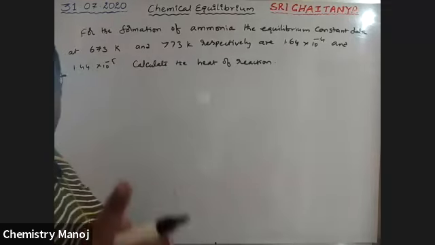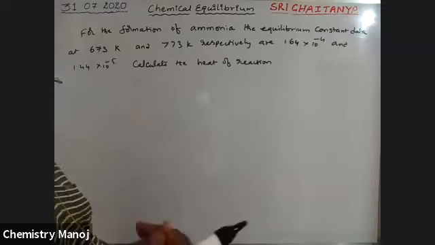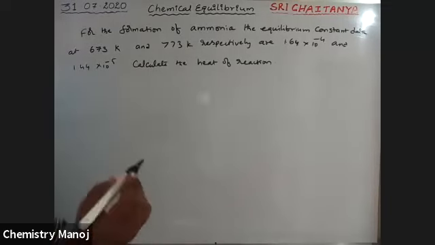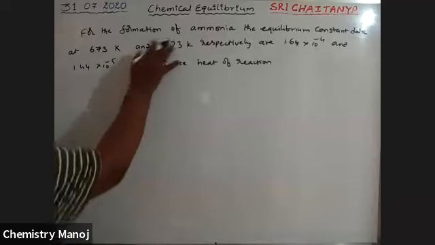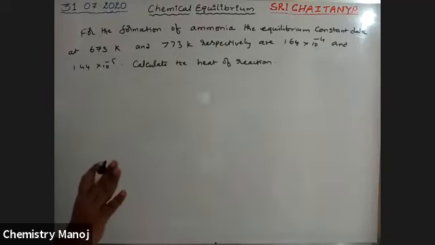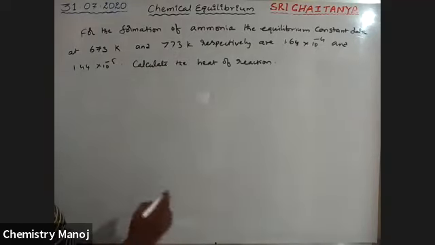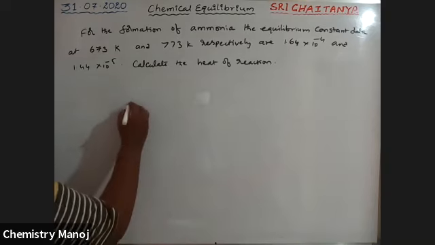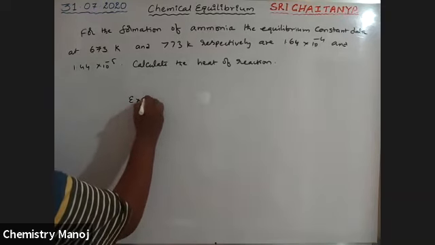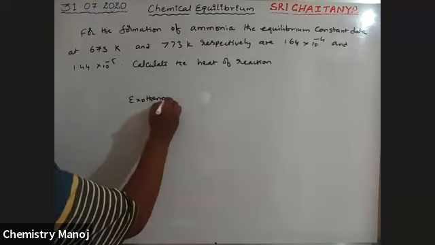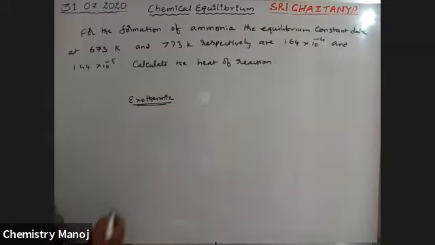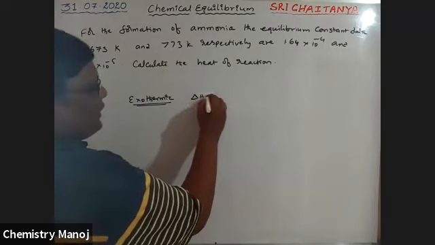Before going to that one, a small topic. Listen carefully, it is not based on this problem, it is something separate. I am taking an exothermic reaction. Exothermic reactions means delta H is negative.